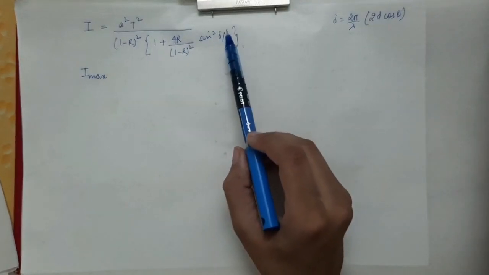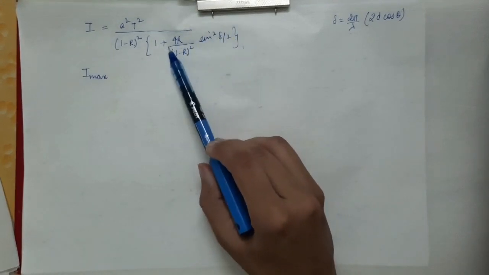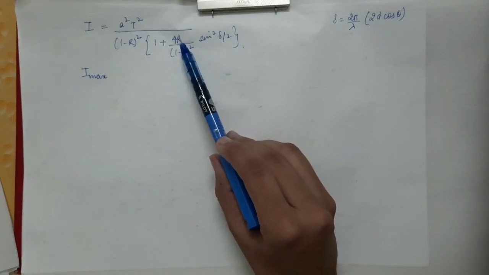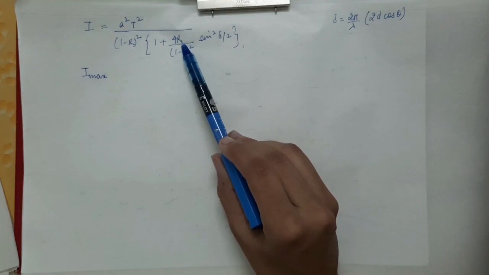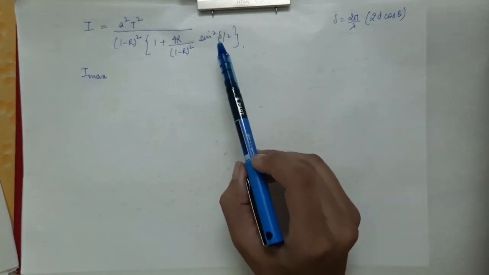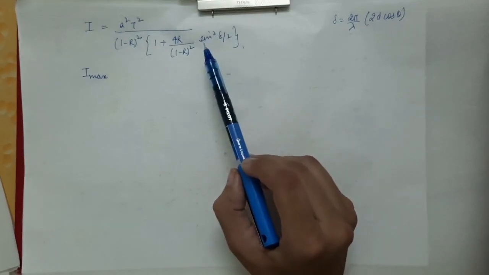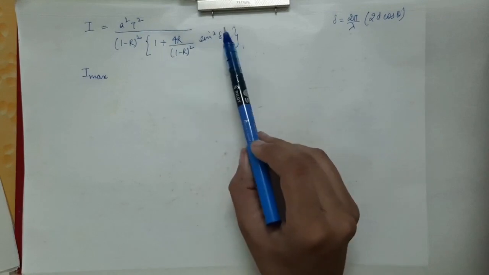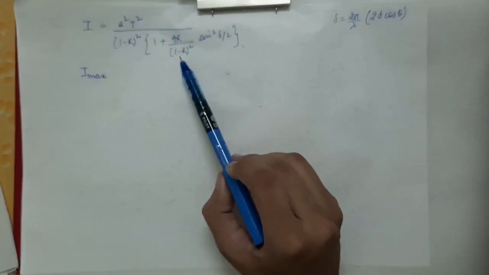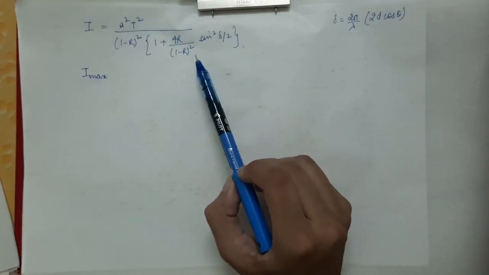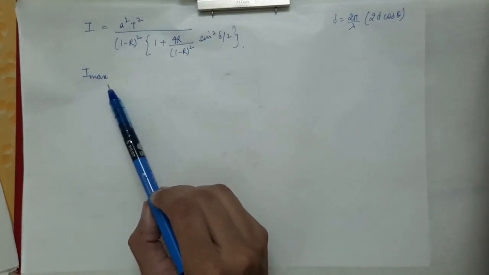So for maximum intensity, this term should be equal to 0. So R, its value can never be negative, and it is less than 1. And here we have sin square delta by 2, so its value can also never be negative. So this term in the denominator, 4r by 1 minus r whole square times sin square delta by 2, this whole term should be equal to 0 for the maximum value of intensity.